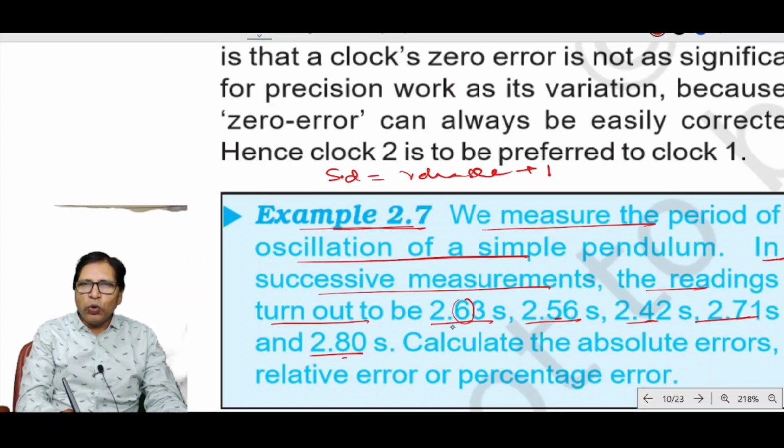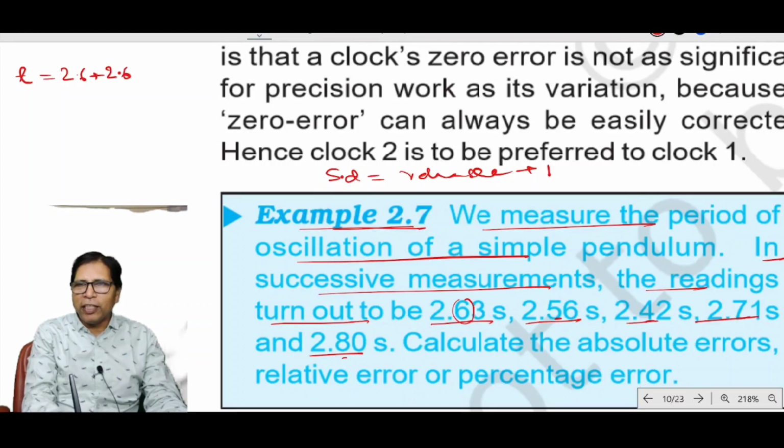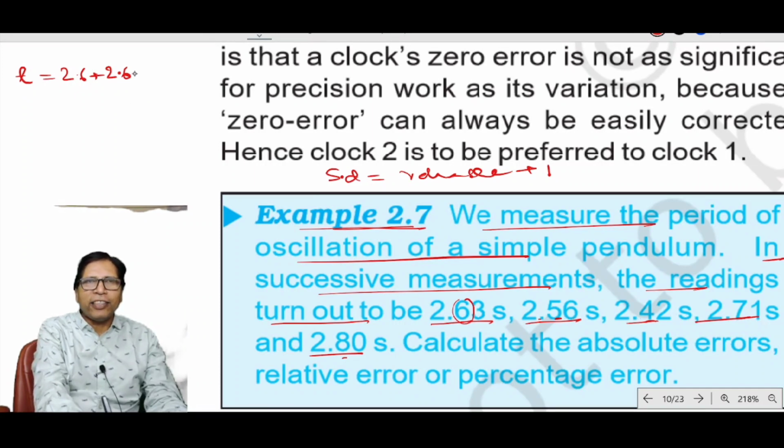Therefore, we can write in correct significant figures the average value of the period of oscillation. T equals, look at this, 2.6 plus 2.6, here 2.56, so this is 2.6. Plus 2.4, no problem.